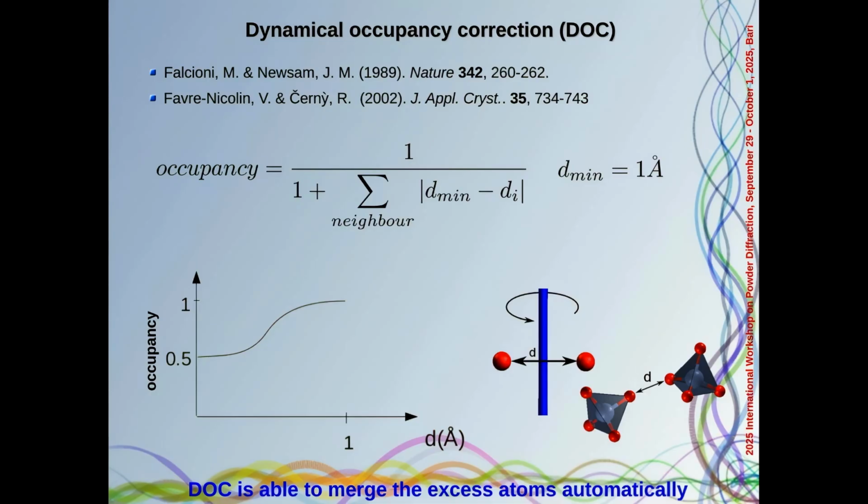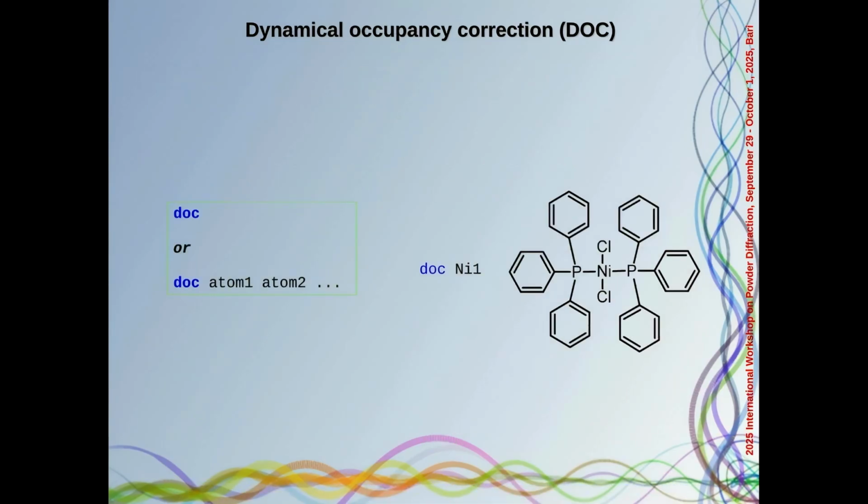Good. In EXPO, the dynamical occupancy correction can be applied using this directive, DOC. If you write only DOC, the occupancy correction is applied to all atoms in your molecule. Or you can add a list of atoms to which the dynamical occupancy correction will be applied. For example, in this case, I am applying the correction only on the NaCl atoms that are expected to lie on a special position.